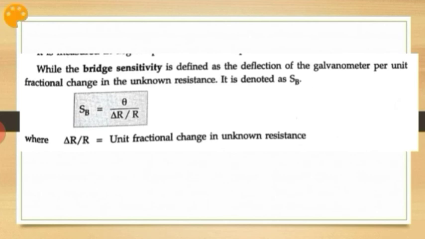Here delta R by R is the unit fractional change in the unknown resistance. So the bridge sensitivity, denoted SB, is equal to theta, where theta is the deflection of the galvanometer, divided by the unit fractional change in the unknown resistance, that is delta R by R.